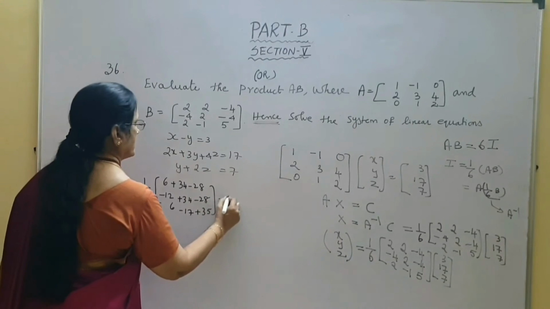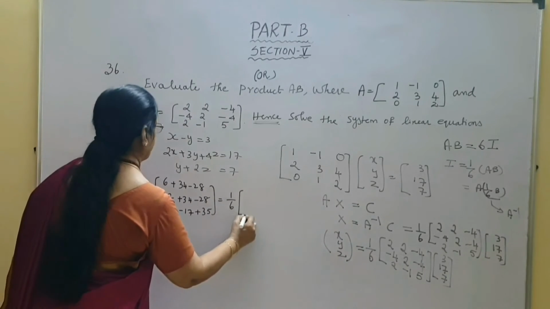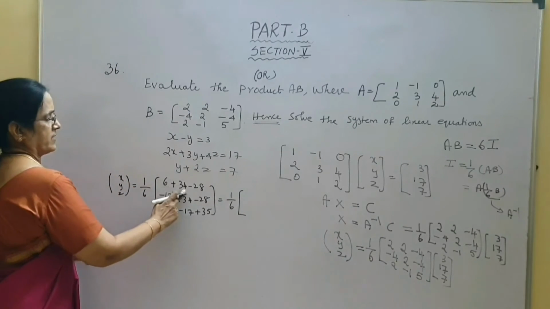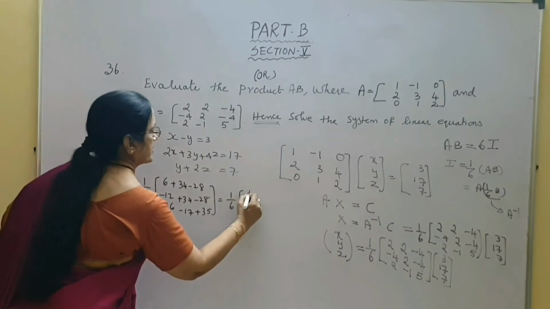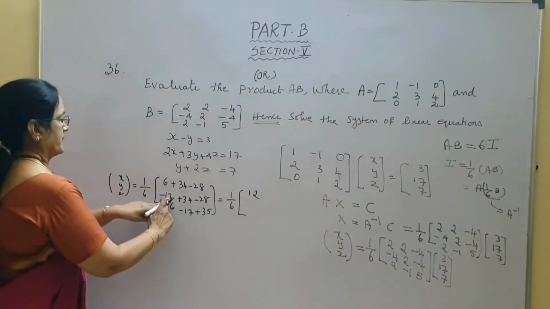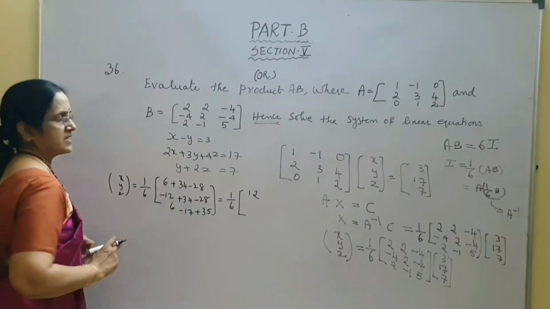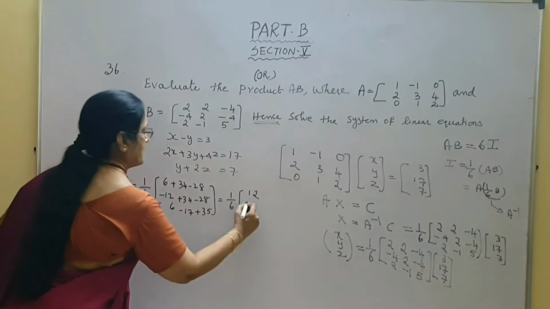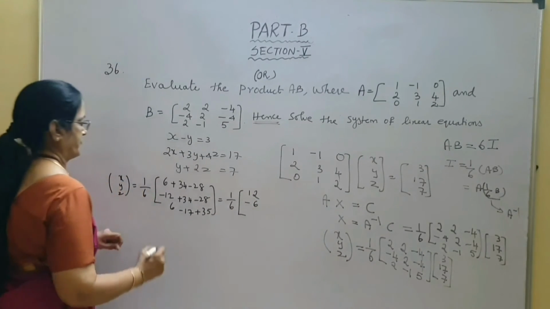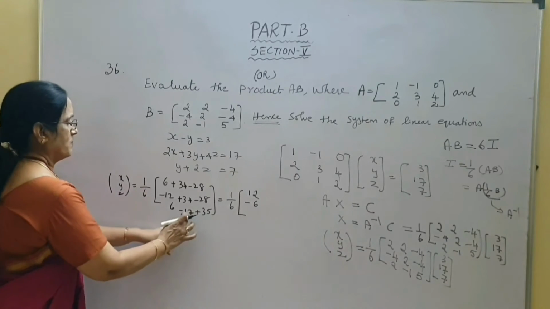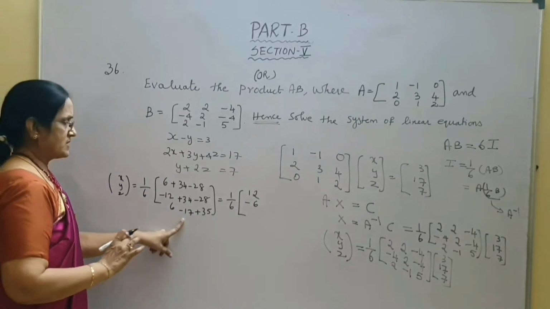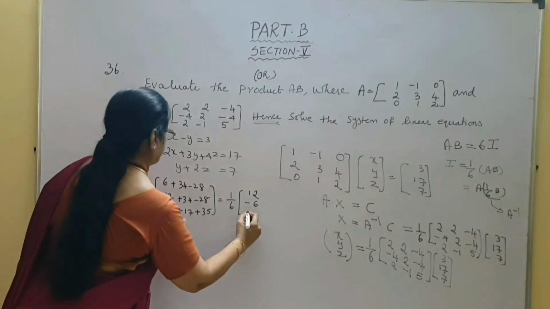This is nothing but 1 by 6 of, now see here 40. 40 minus 28 is going to be 12. And here minus 40 plus 34, which is minus 6. And if you consider here, you will be getting 41 minus 17, which is 24.